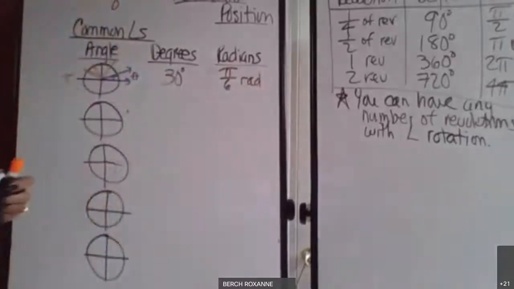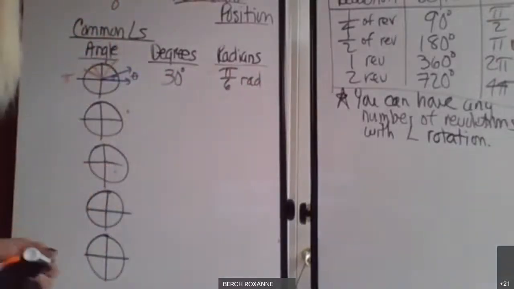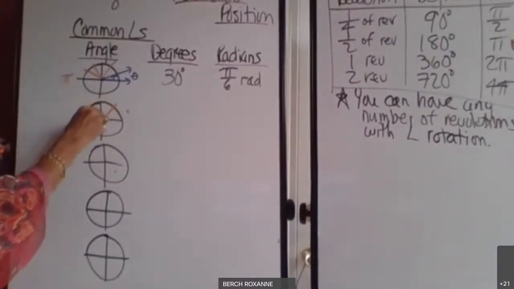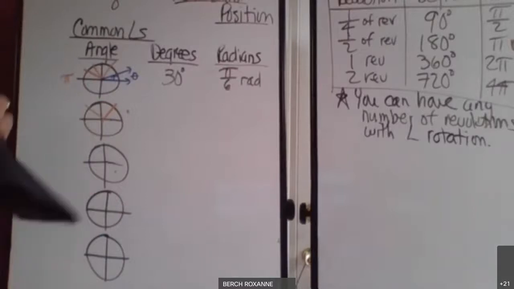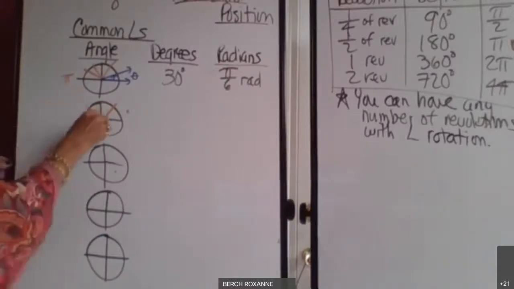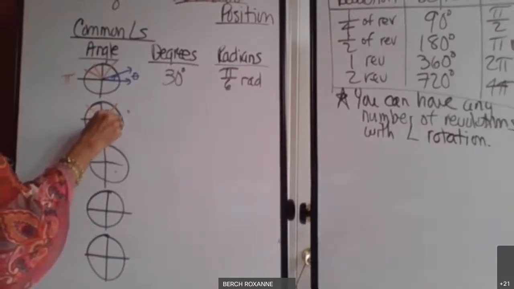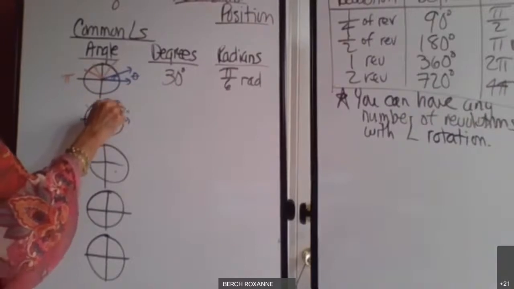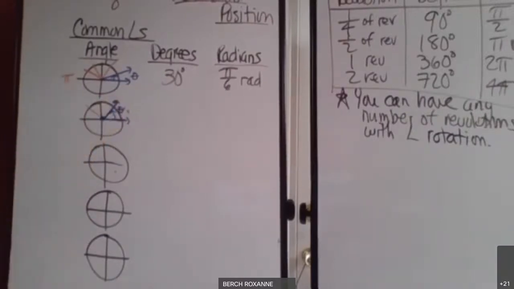Let's do another one. Look up here, please. If I divide this into 4 equal parts, and I ask you to tell me what this angle is right here. What's that angle?